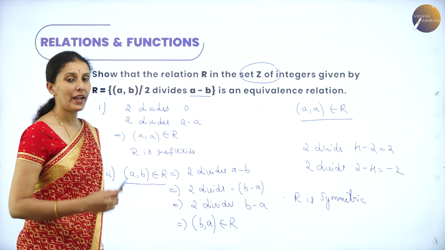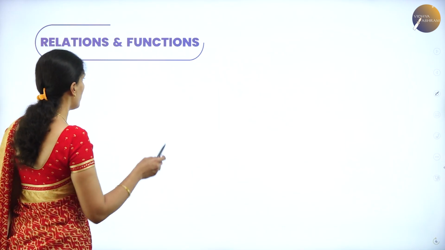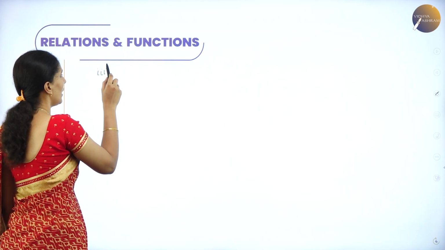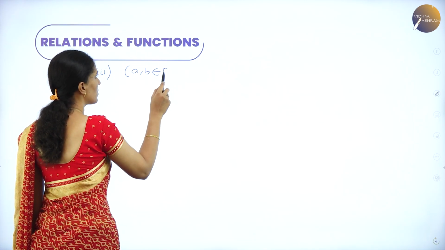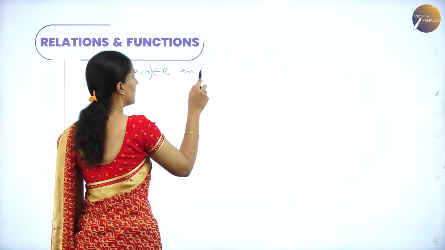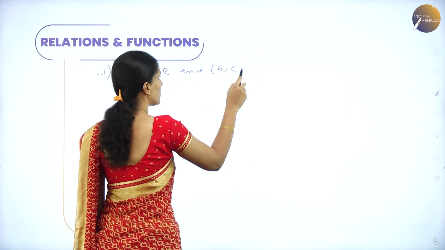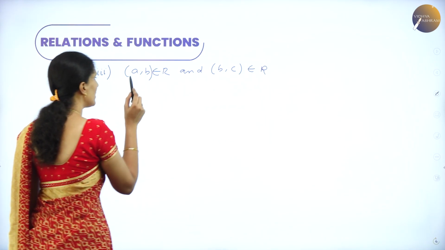The next one is we have to show that it is transitive. So for that, let me take 2 ordered pairs. A comma B belongs to R and B comma C belongs to R. What does this imply?